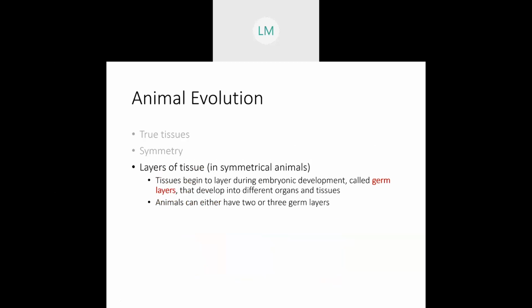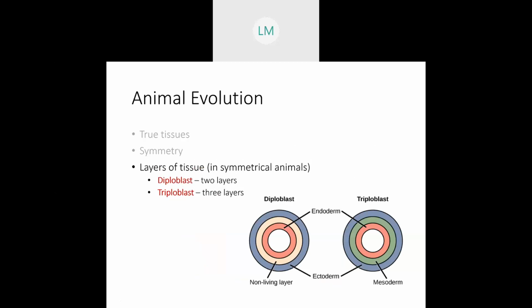These layers will eventually develop into different types of organs and tissues. And when you're developing as an embryo, you can have either 2 germ layers or you can have 3 germ layers. When you have 2, you are called a diploblast, and when you have 3, you are called a triploblast. So that's what those words are referring to, the number of germ layers you have during embryonic development.